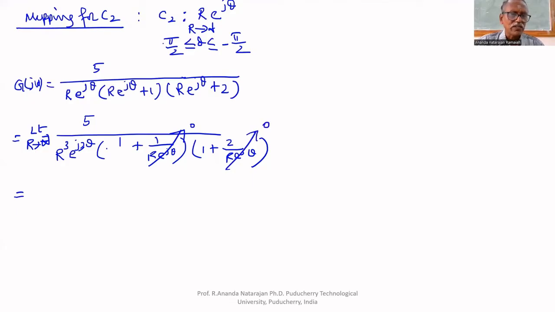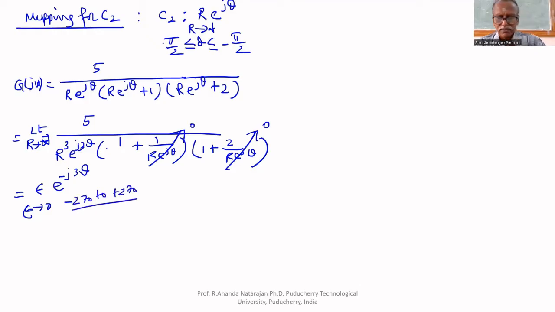R tends to infinity, it becomes epsilon, as epsilon tends to 0, or you can put simply 0 e power minus j3 theta. Therefore, the angle varies from 3 times 90, that is minus 270, to plus 270.